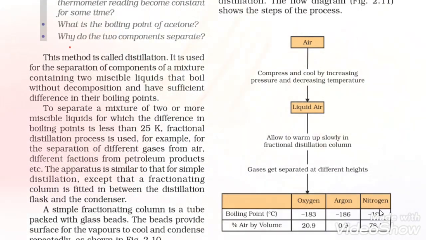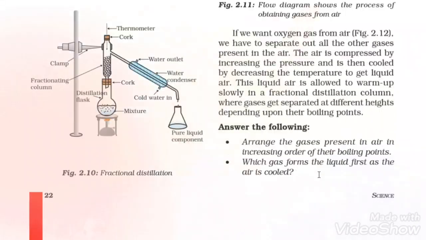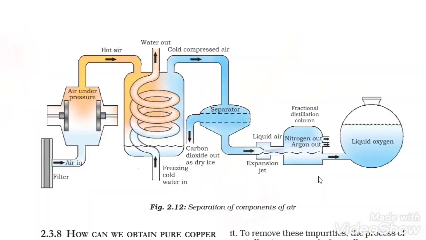Now we will try to understand with the help of a diagram how it works. Okay, let us see the diagram. Next page. See, this is the diagram in which we will better understand the separation of components of air.